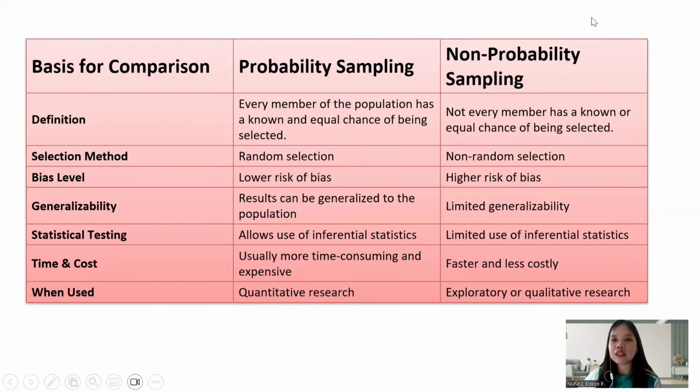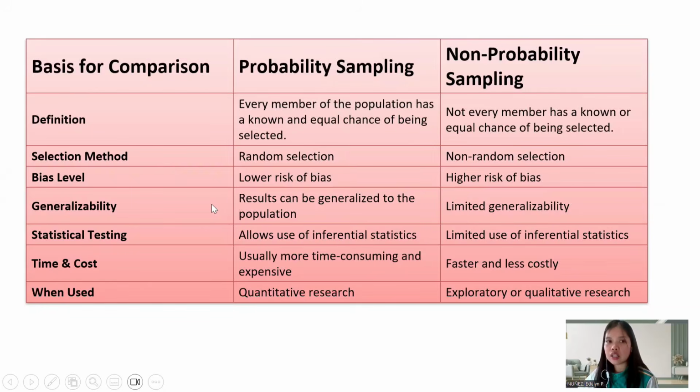In non-probability, we have convenience sampling, snowball sampling, voluntary sampling, and also purposive sampling. In selection method, we have random selection, and then non-random selection in non-probability. Bias level: since you are giving everyone a chance in probability sampling, we have a lower risk of bias. But in non-probability, there is a higher risk of bias.